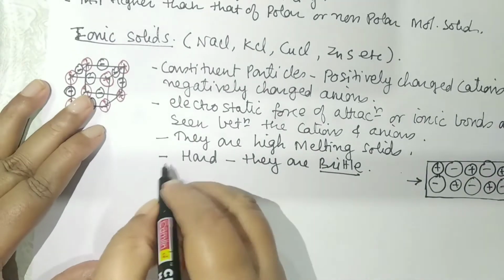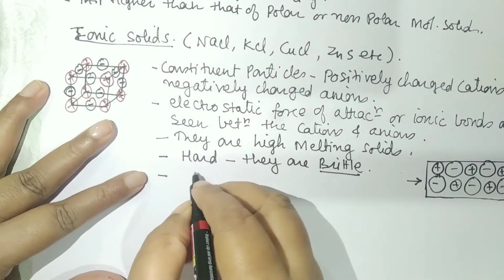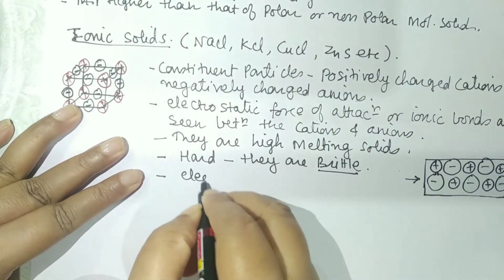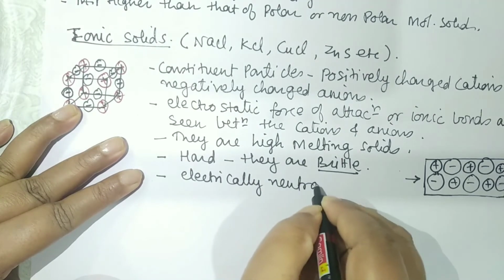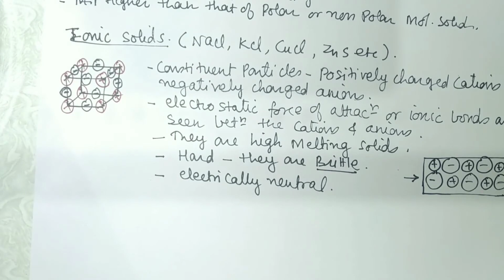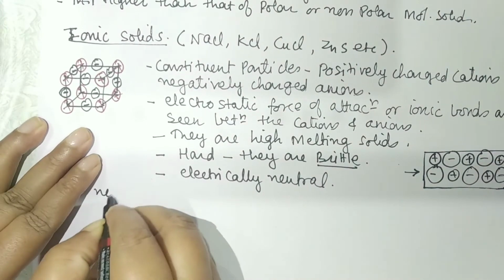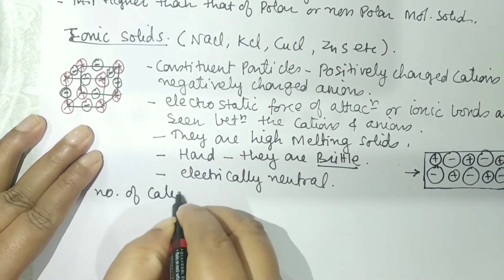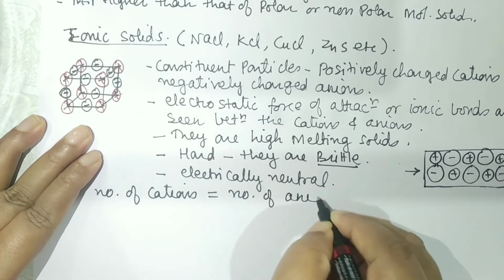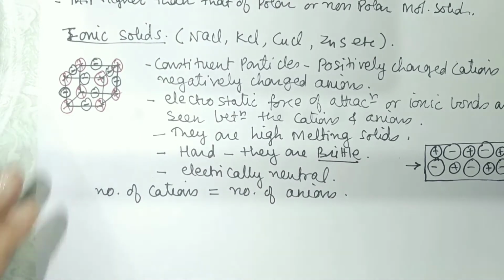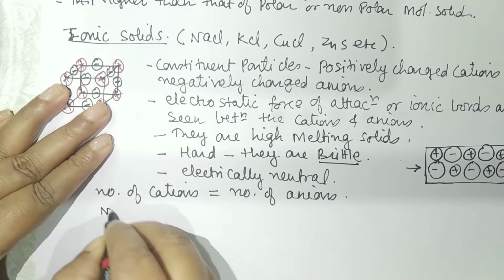Next very important thing about ionic solids is that they are electrically neutral. What is the meaning of electrically neutral, or the crystal must have the electrical neutrality? It means the number of cations is equal to the number of anions present in the crystal lattice. So let's say for example NaCl.